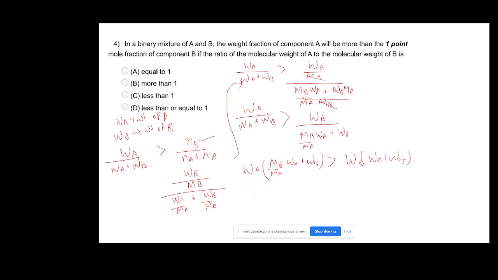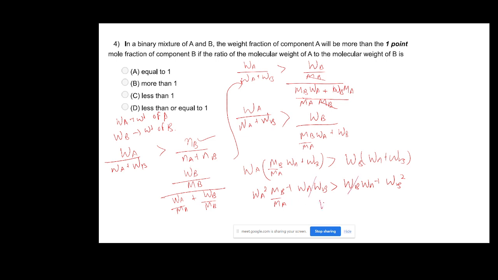So further simplifying will give me WA square MB by MA plus WA into WB will be greater than WB into WA plus WB square. Since it is inequality, we cannot cancel out as such, but we can subtract WA WB on both the sides, and so ultimately it will get cancelled out.